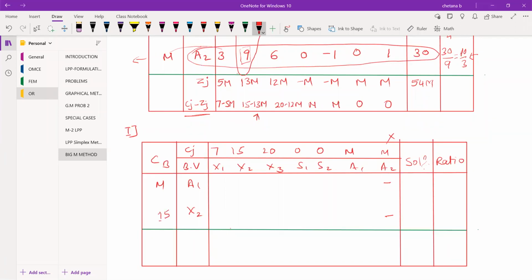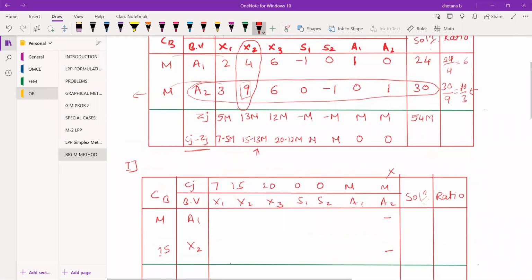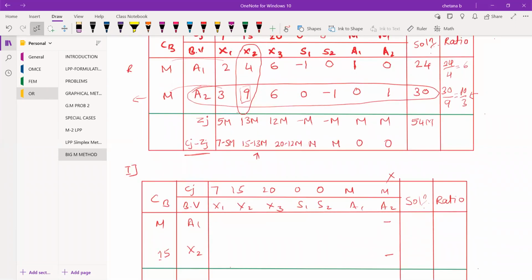Now you need to fill this table. What we have studied in the simplex method is that wherever you have the key value, using that key value you can write that particular row. So you can divide this entire row. Let me name these R1, that is row 1, and row 2.